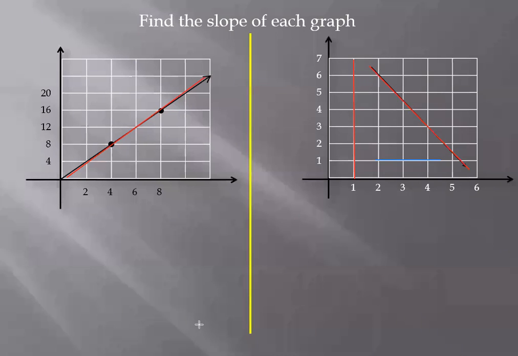So let me say again. If it points to the right side, we will recognize that the slope is positive. If it points to the left, the slope is negative.